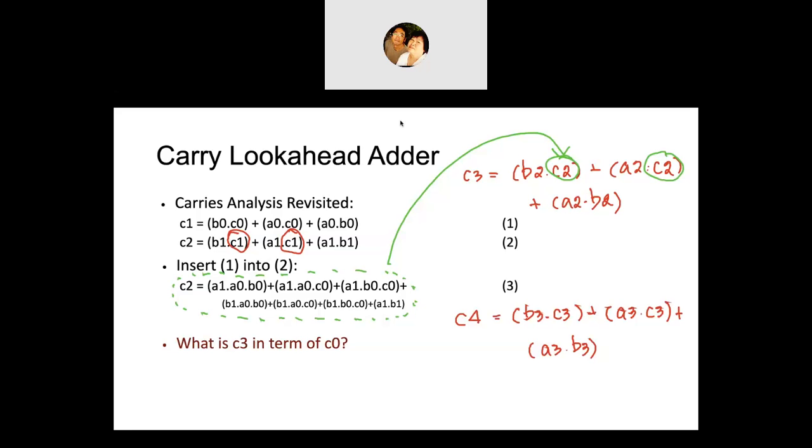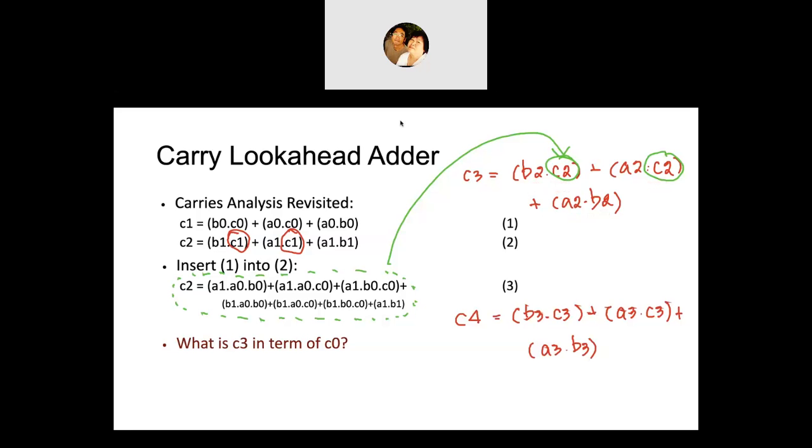Okay, have a look here. We have C3 like this, and the equation for C3 is B2 and C2, or A2 and C2, or A2 and B2.